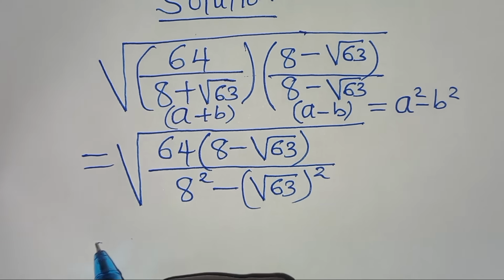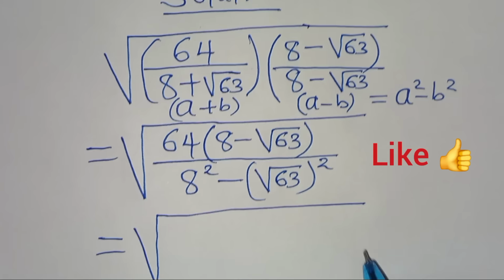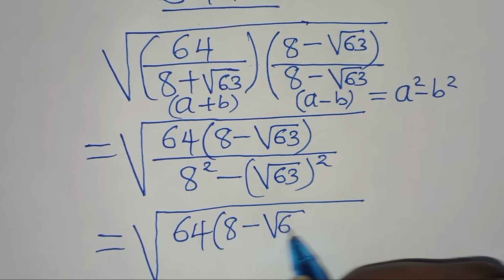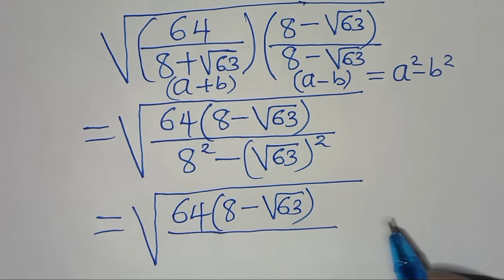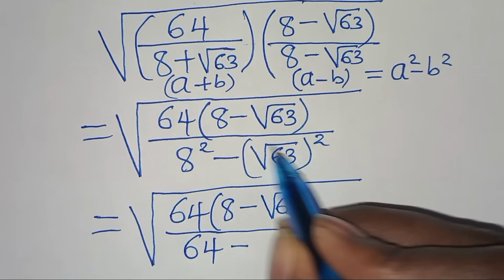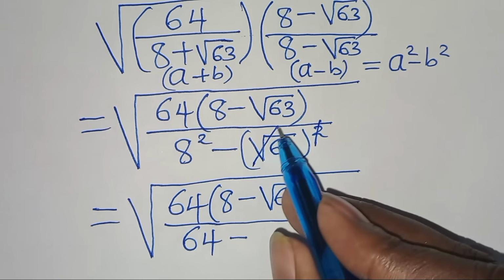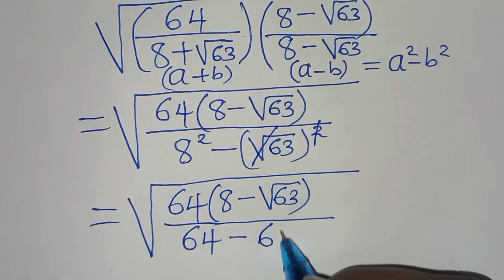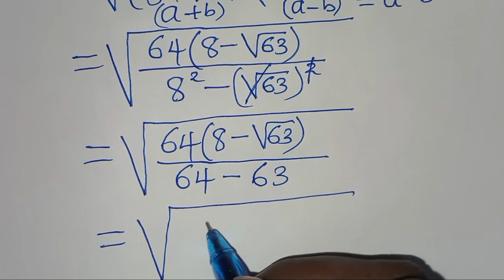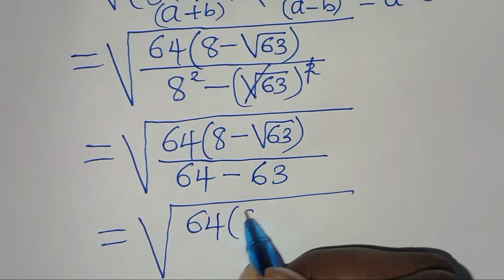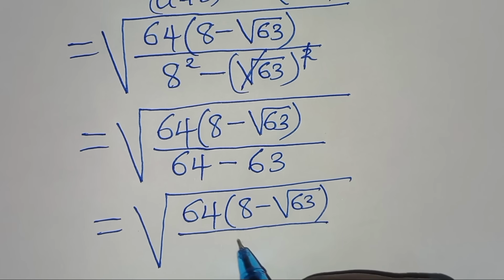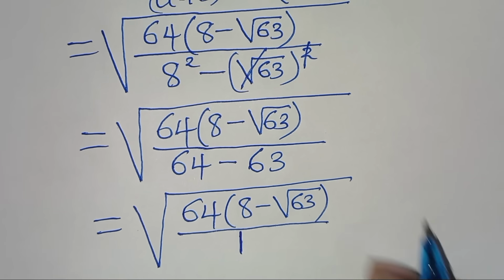The next step: we have the square root of 64 multiplied by 8 minus square root of 63, divided by 8 squared, which is 64, subtract square root of 63 raised to the power of 2. This implies we eliminate the square root sign, so subtract 63. So now we have the square root of 64 multiplied by 8 minus square root of 63 divided by 1, since 64 minus 63 is 1.